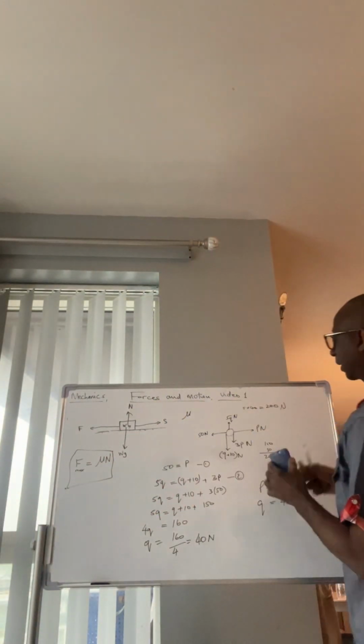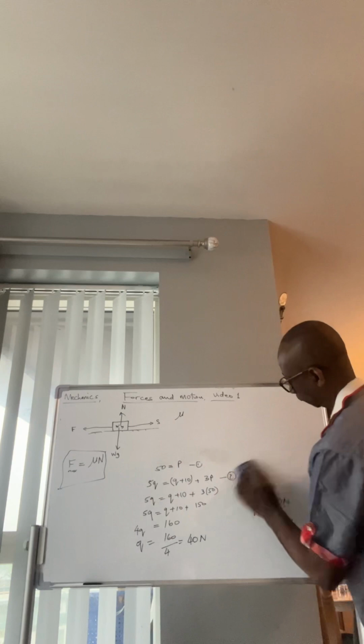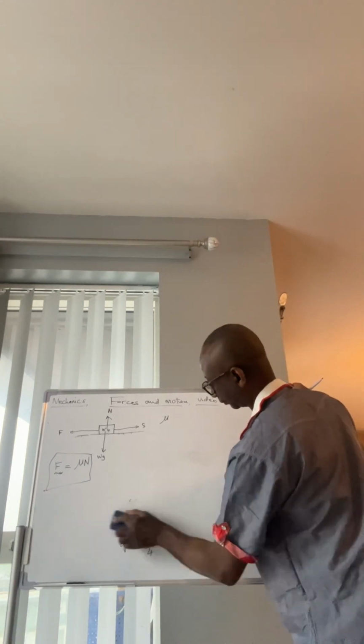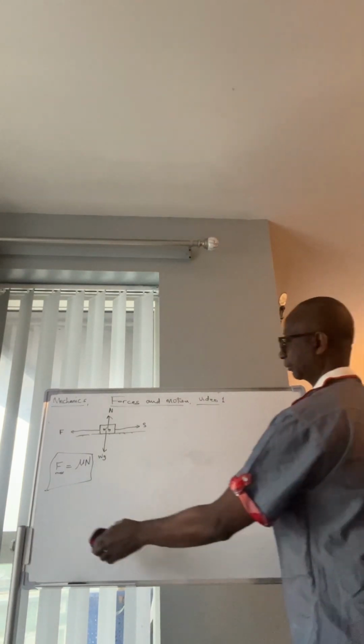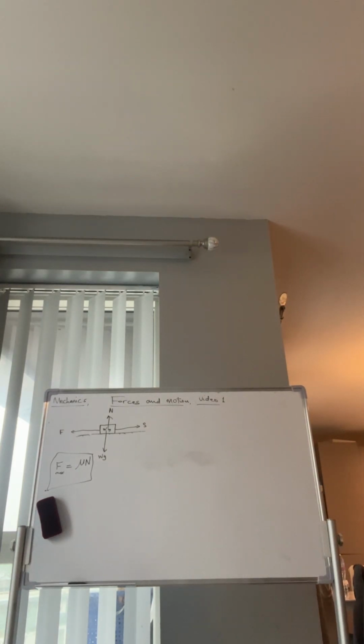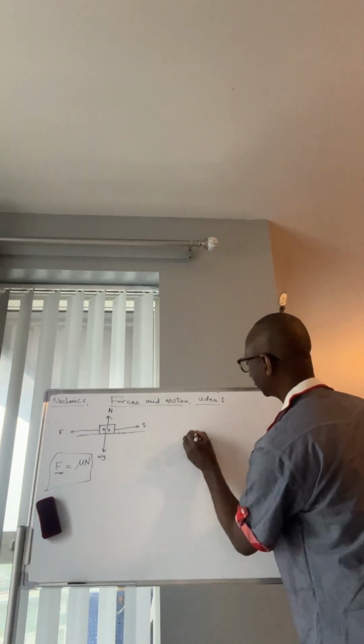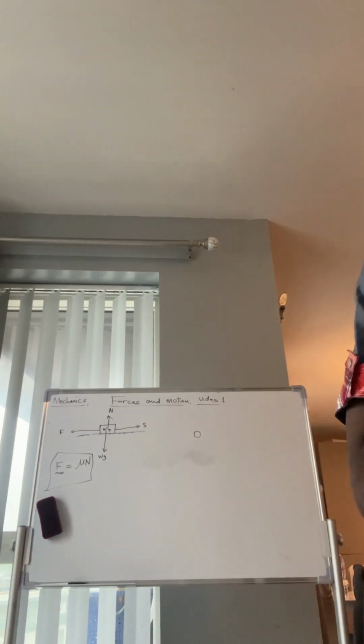Let's look at the second one quickly. Second problem says that, 11. Given that the particle in this diagram is moving with constant velocity v, find the values of P and Q. So there's another one here. 3P minus 2Q.